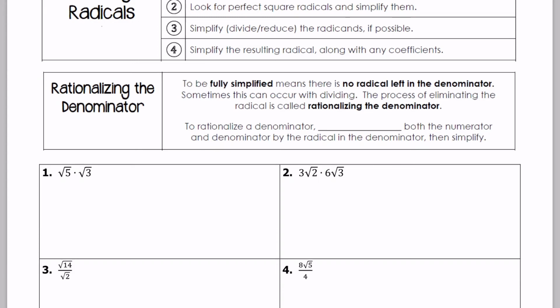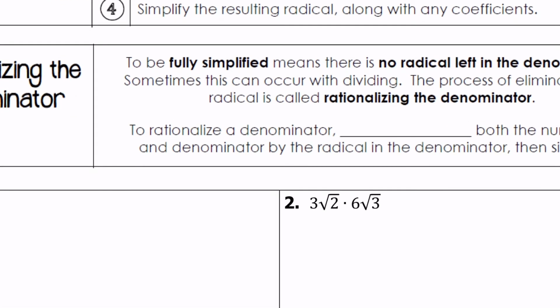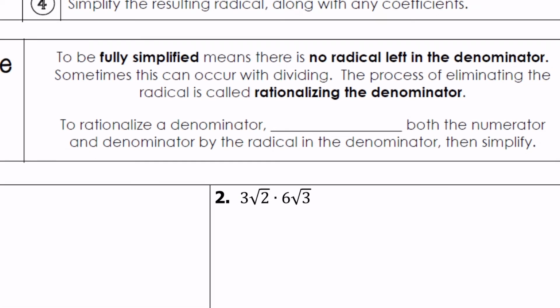The last thing that's important with dealing with radicals is what we call rationalizing the denominator. In order for an expression to be fully simplified, there has to be no radical left in the denominator. So there cannot be a square root, a cube root, any kind of root in the denominator of a fraction or of our final answer.